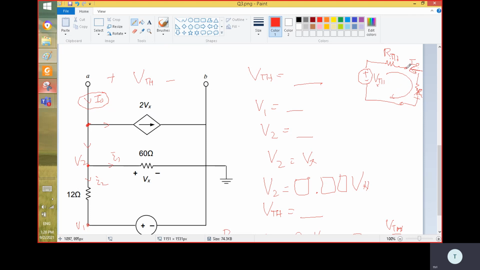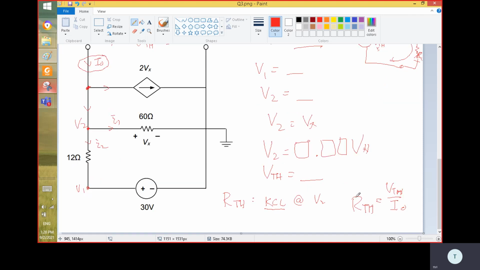If we can calculate the I out, that means we can calculate the RTH by dividing the VTH by I out. We get the RTH using Ohm's law. If we know the I out, and we know the VTH from the first part here, then we calculate the RTH.